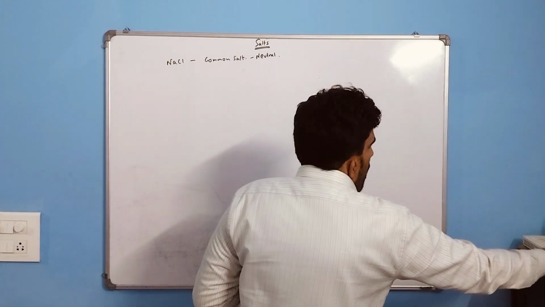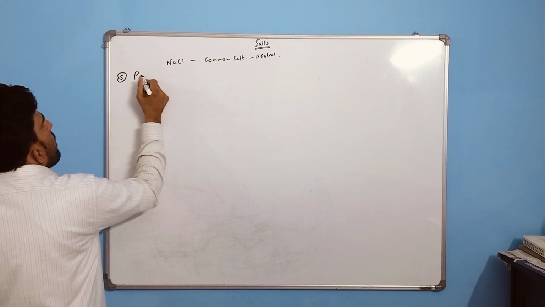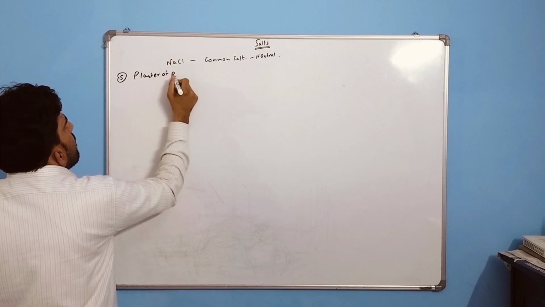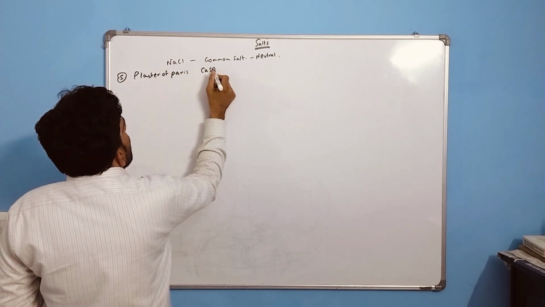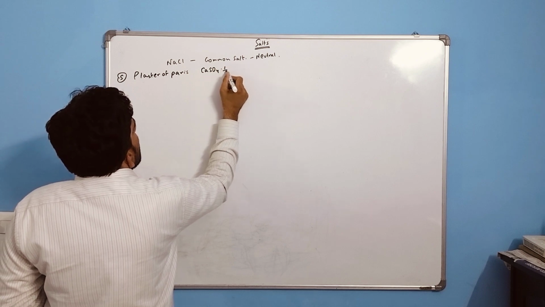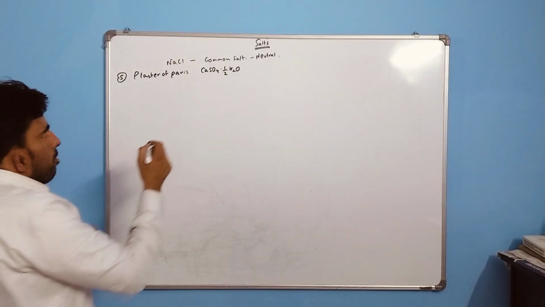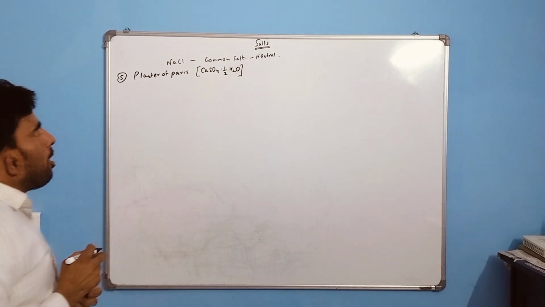Now POP, the fifth one, is called plaster of Paris. Its formula is CaSO4·½H2O.